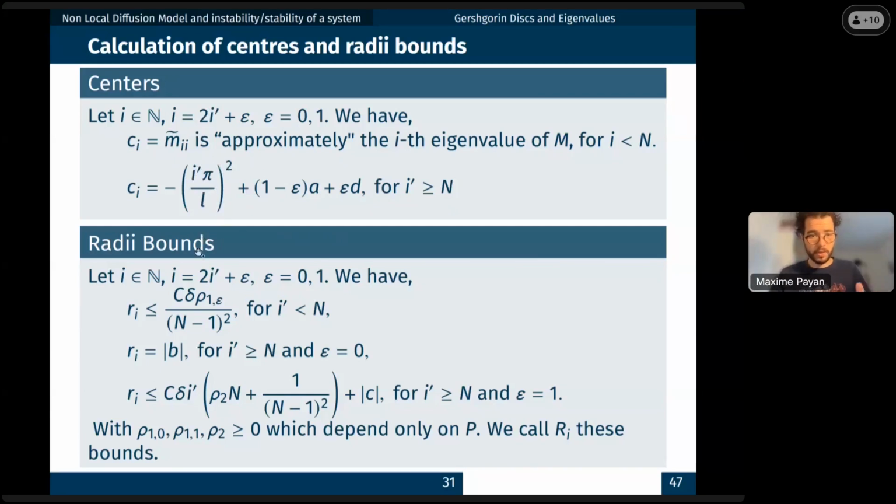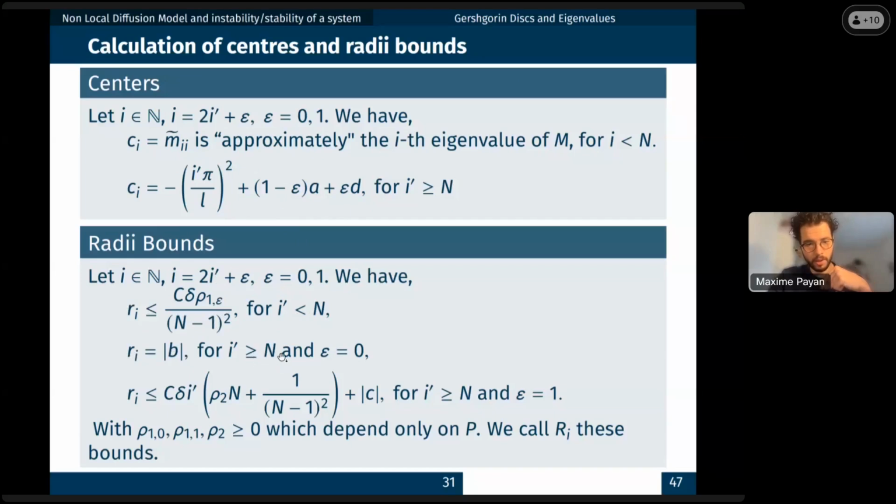And for the radii bounds, I can compute just bounds of the radii, and it's sufficient to conclude. The first radii, their behavior is in n squared, okay.